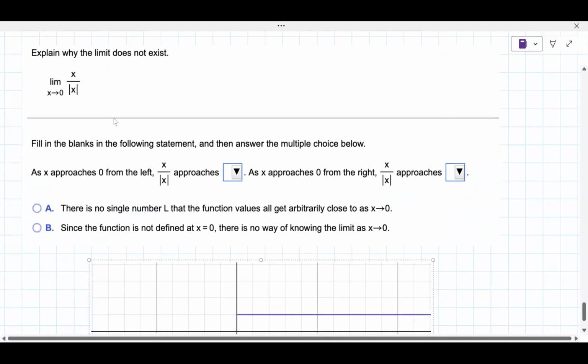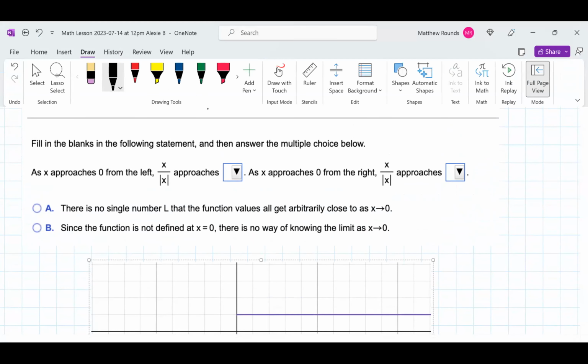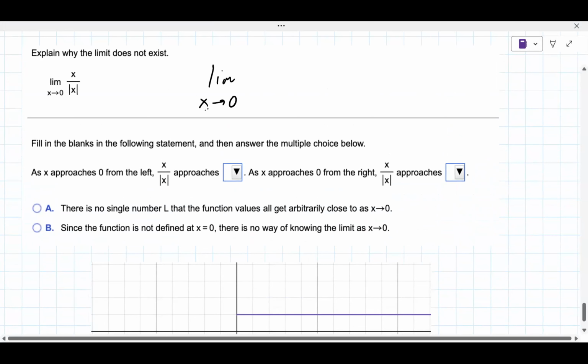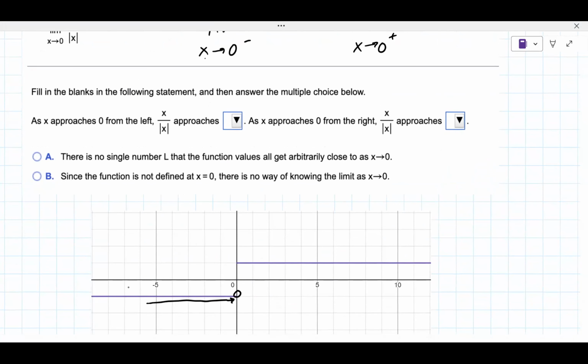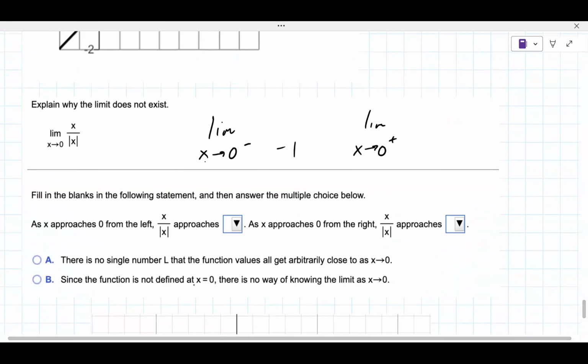So the idea is, as x approaches 0, you need to find the limit as x approaches 0 from the left and the limit as x approaches 0 from the right. It's much easier to do with the graph. The graph shows that from the left it approaches -1, and from the right it approaches +1.